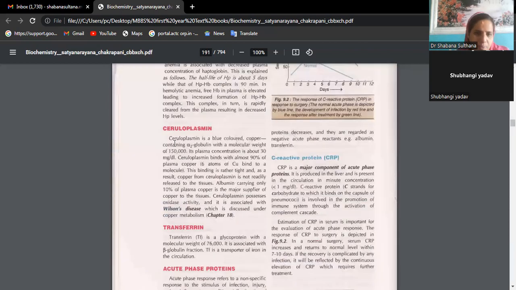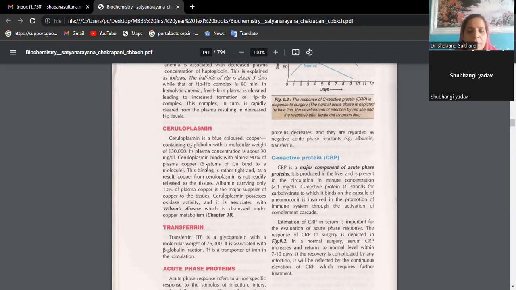Now, ceruloplasmin. If you remember, when we were doing iron metabolism, there copper, functions of copper also we have come across. So it is a blue colored copper containing alpha 2 globulin with a molecular weight of around 1,50,000. In the plasma, its concentration is 30 milligrams per deciliter.